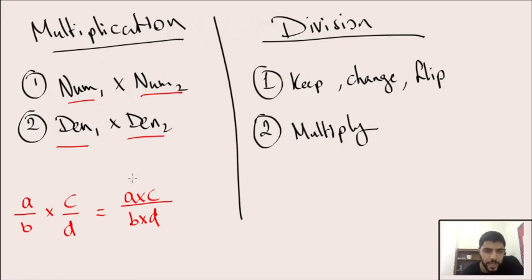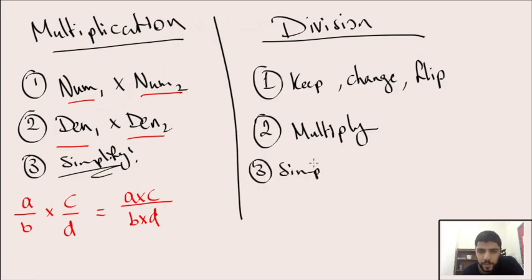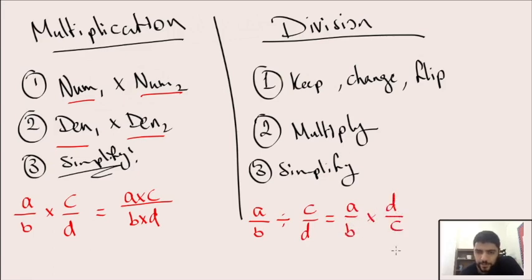Right? So we do that, and in fact, let me add a third step here, which should always be there in the end: simplify. Once we're done, we simplify. Let me add it here too. Now, with division, it's only slightly different. I start with keep, change, flip, which I'm sure you've heard before. If I have a over b divided by c over d, it becomes a over b multiplied by d over c.